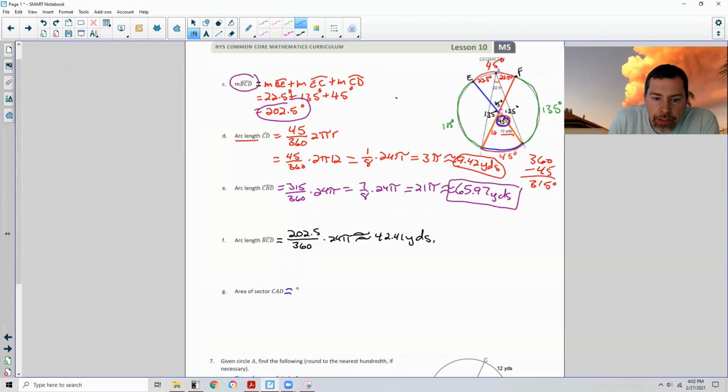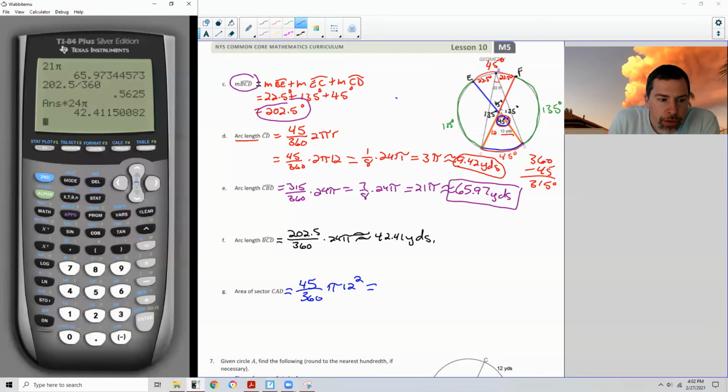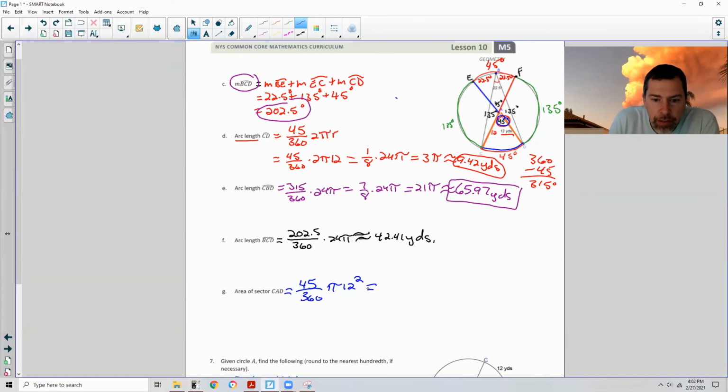So area of a sector is the central angle divided by 360 times the area of a circle, which is pi r squared. Okay, so I'm just going to put this in my calculator. So 45 divided by 360 is 1/8 times 12 squared, which is 144 pi. And the area will be 56.55. It's an approximation, 56.55 yards squared.